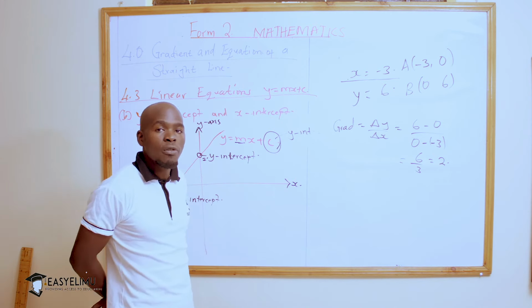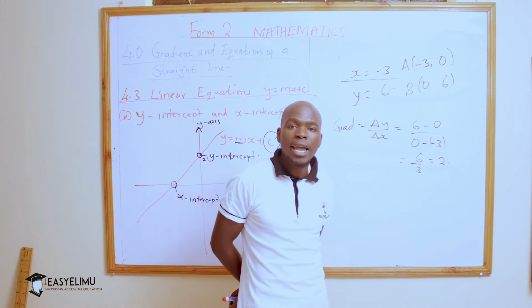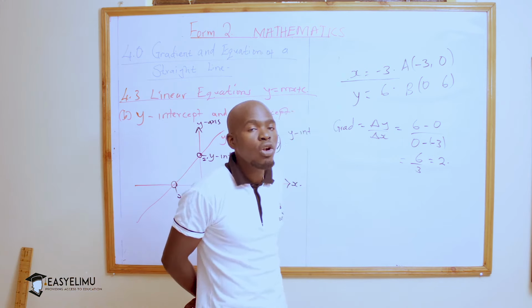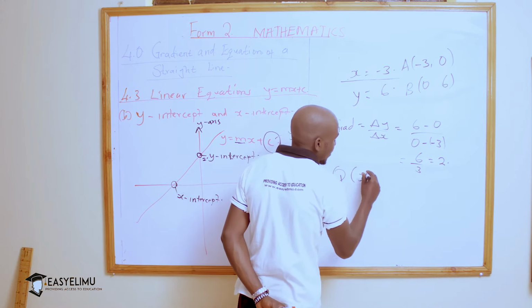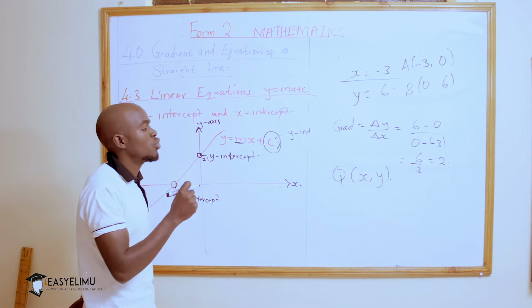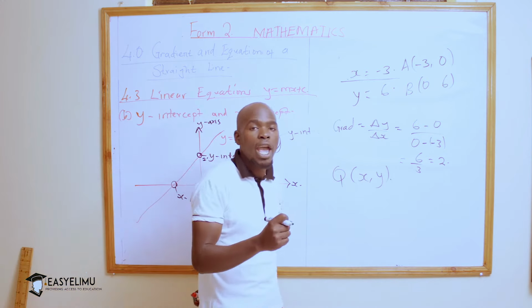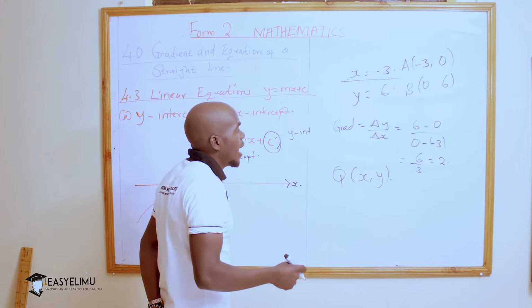To find the equation of that line, we need to identify one point on the line which is not A or B. So we can select a point Q which has the coordinates x, y. We can choose Q and A or Q and B. So let's take Q and A.